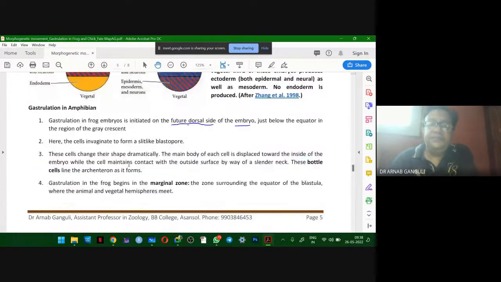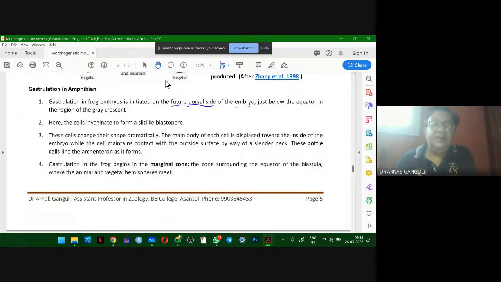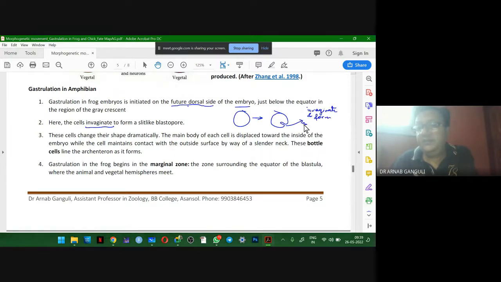So the cells invaginate. If you look at this direction, the cells will invaginate here and form a slit-like blastopore.